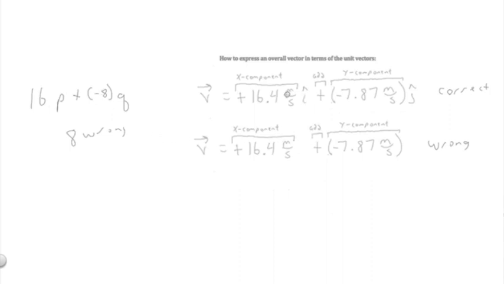Well, similarly, these are unlike terms. This term has an i hat and this term has a j hat. Because they're unlike terms, we don't combine these numbers directly. That's again why this is wrong. This is wrong because it suggests that we could combine the numbers directly. Maybe I'll erase this to show that it's wrong.